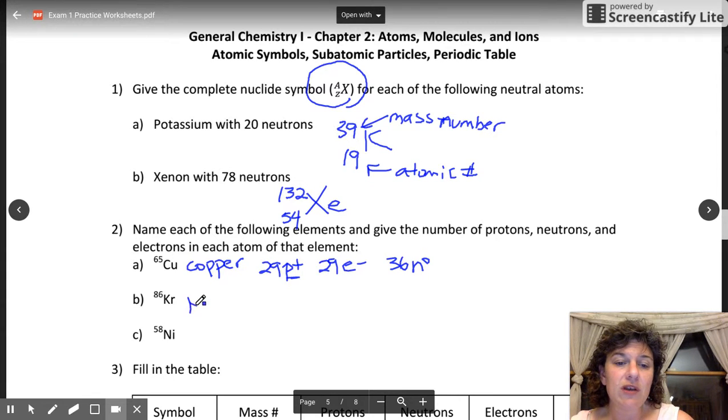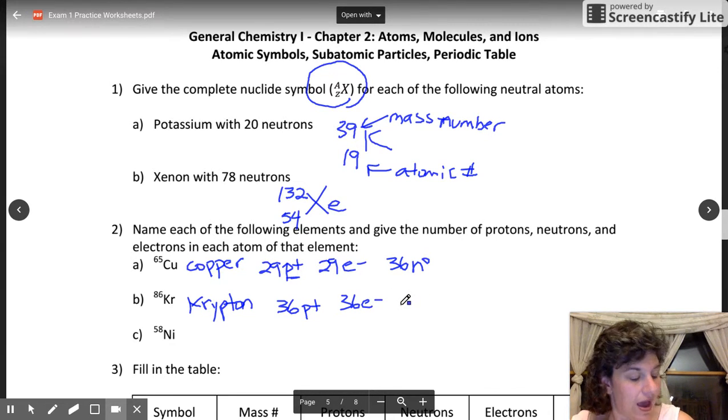Okay, so this is krypton. Whoops, K-R-Y. Krypton, like Superman. So we have 86. That's our mass number. If we look at the periodic table, we can see that our protons is 36. Our electrons would be 36, and our neutrons would be 50, because 86 minus 36 is 50.